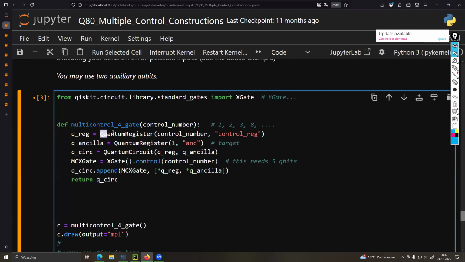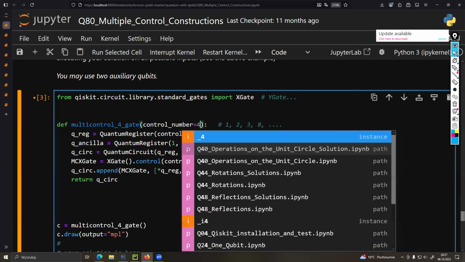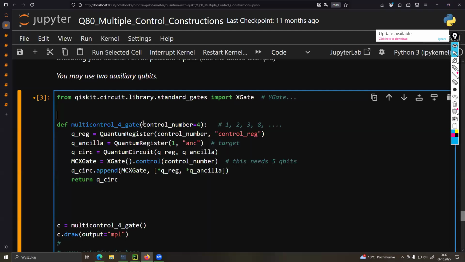So I need four qubits for control qubits. Okay, that's fine.